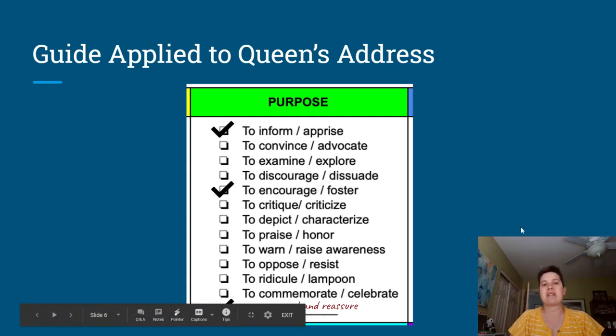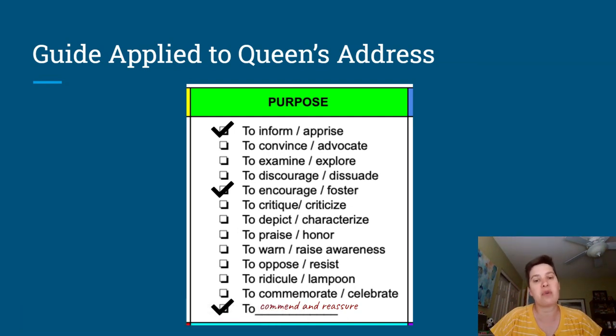What is her purpose? Her purpose, first and foremost, is to inform. She also begins her speech with encouragement as well as thanks. She is encouraging her people. She is thanking the first responders, the medical field, and workers as well.